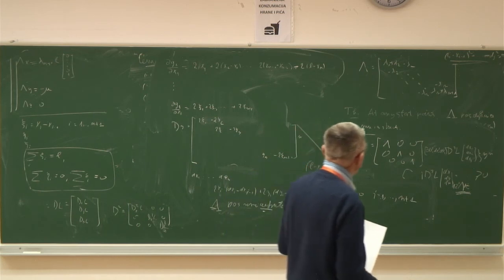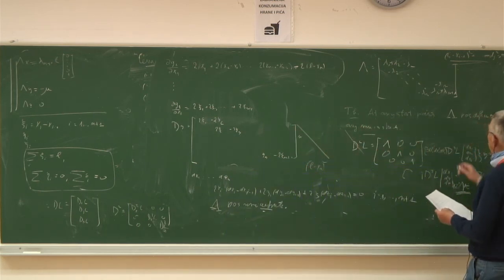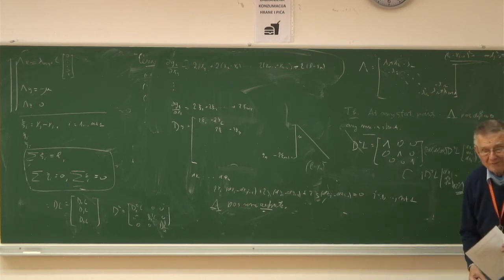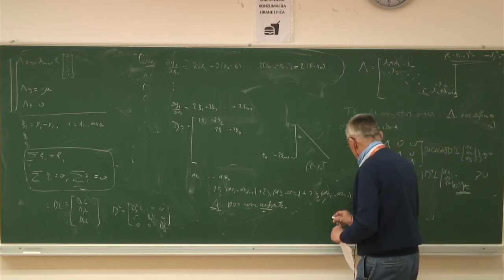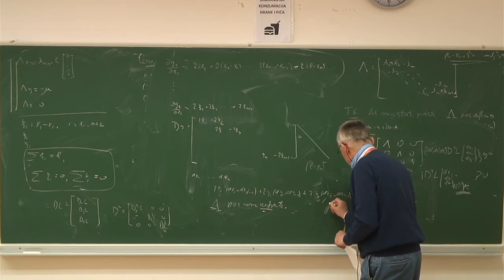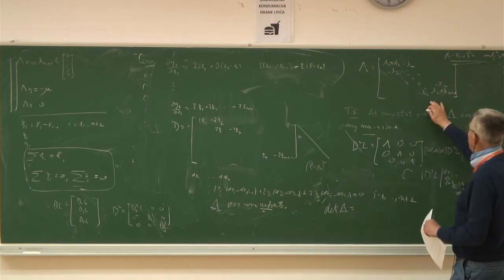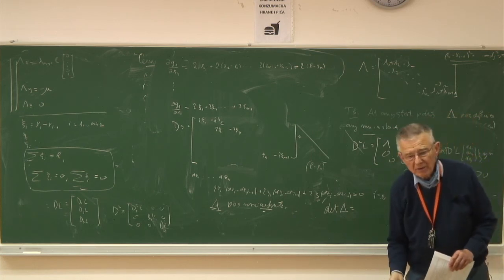First of all, the determinant of this matrix has a known formula. That determinant is equal to the sum of all products of those lambdas, each time one of them taken out.